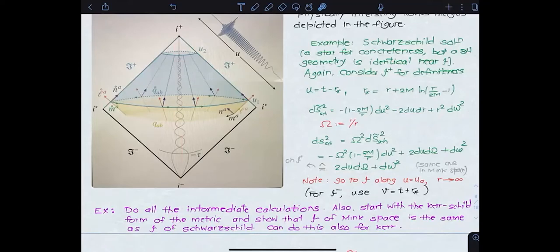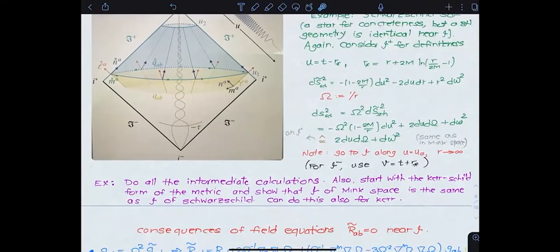So what we do is we take the so-called tortoise coordinate R star to be equal to R plus 2m log(R over 2m minus 1). Then U is a retarded coordinate, given by T minus R star. I should have drawn the explicit diagram.